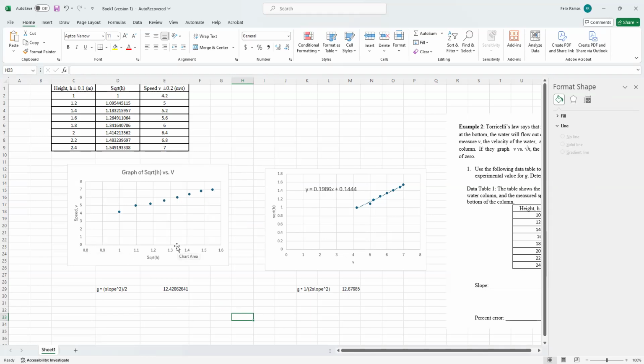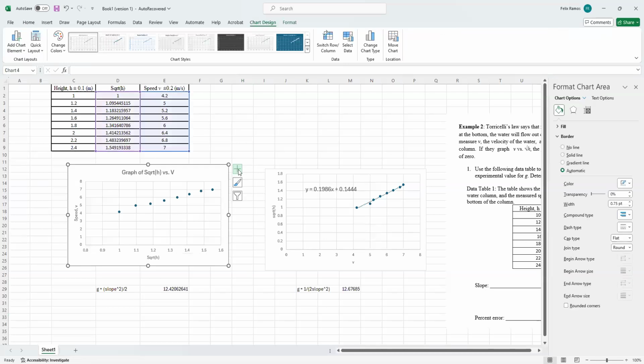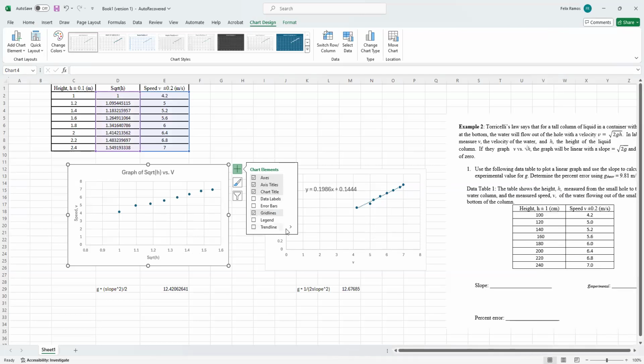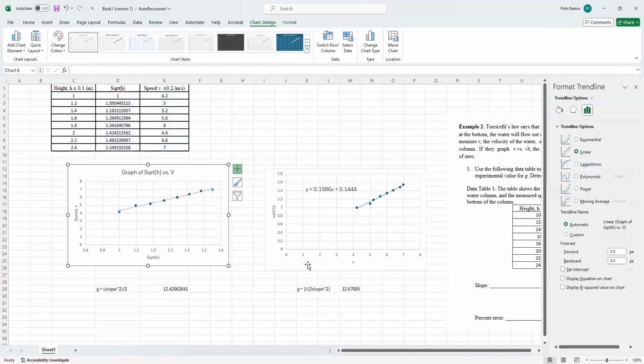It doesn't change the equation at all. And then now I want to add a trend line, but I will say, give me all the options. Why?